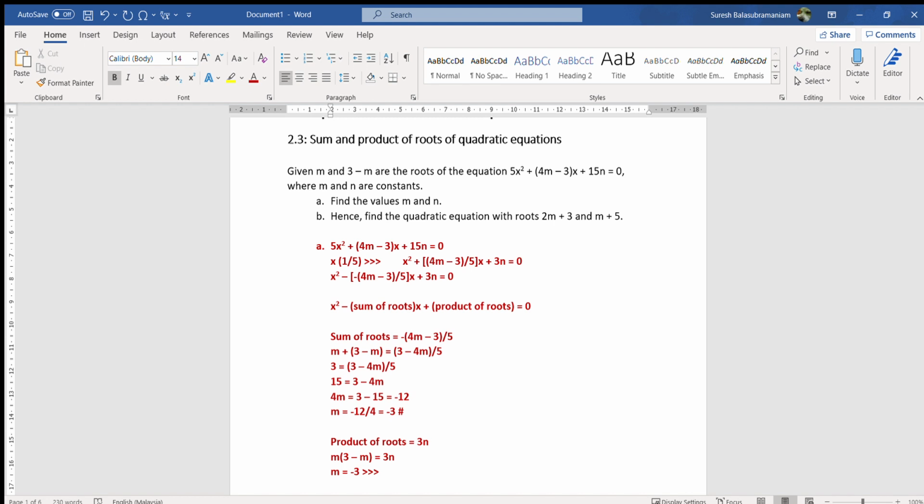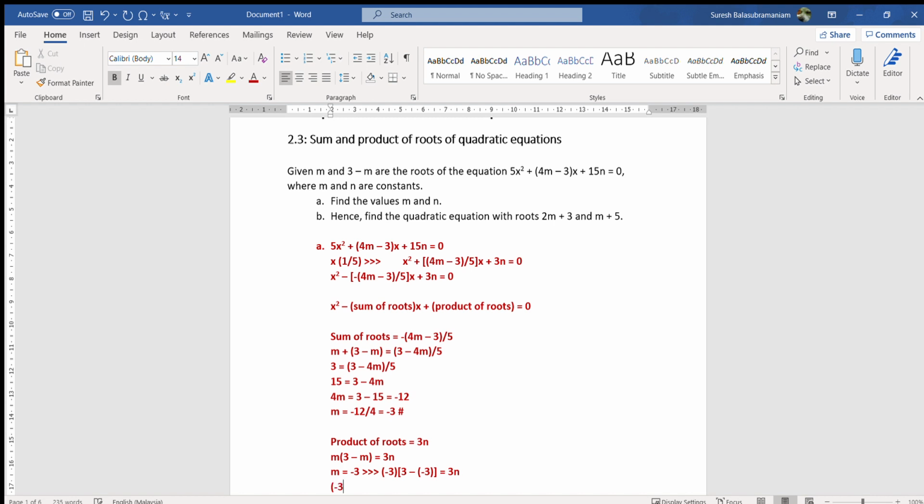So I'll get negative 3 times (3 minus negative 3) equals 3n.